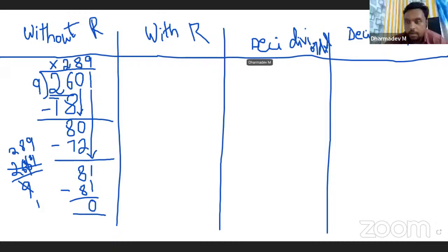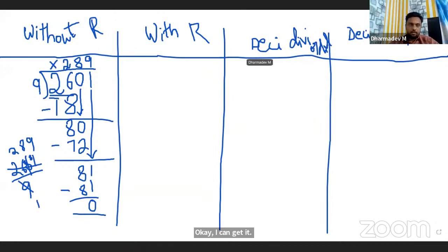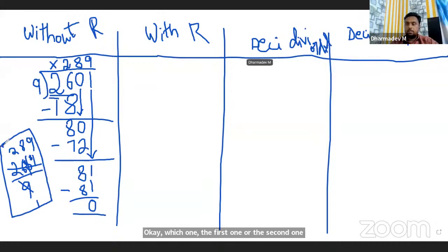Sure. Okay. Anybody else have a doubt? Daniel has a doubt. Okay. I can get it. Anybody else? Okay. Which one? The first one or the second one? The first one or the second one?